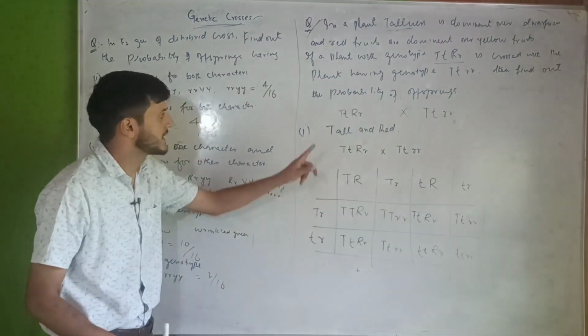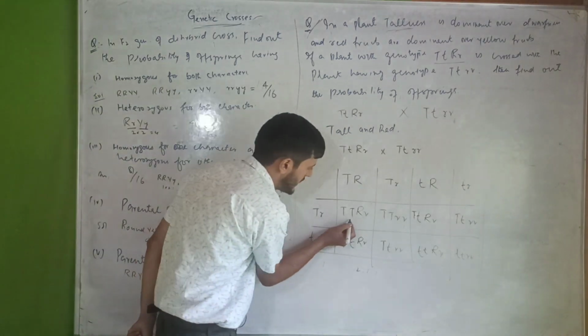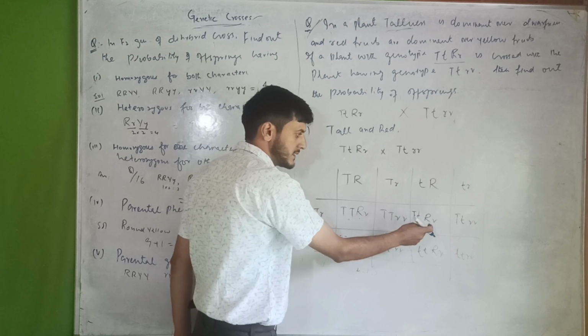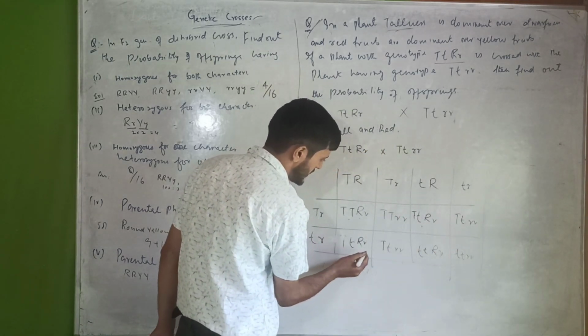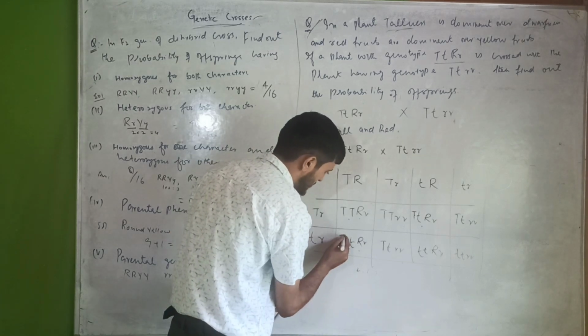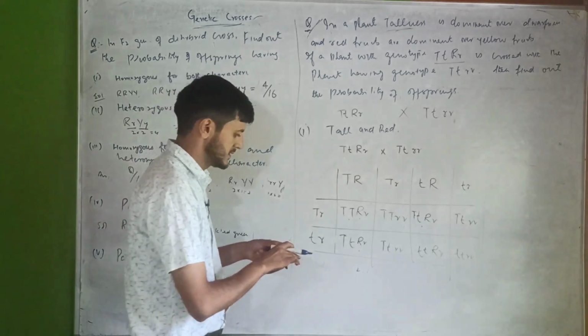What do we have to find? Tall and red. How many individuals are tall red? 3.